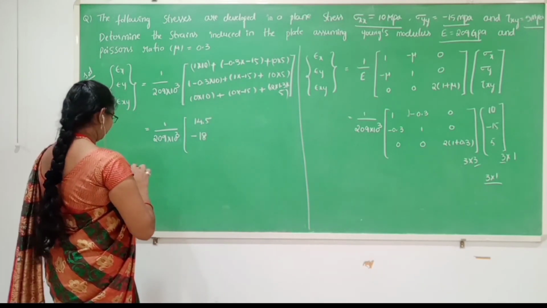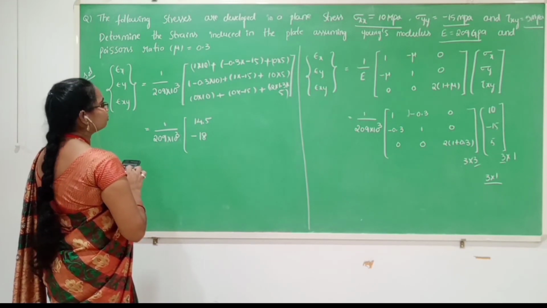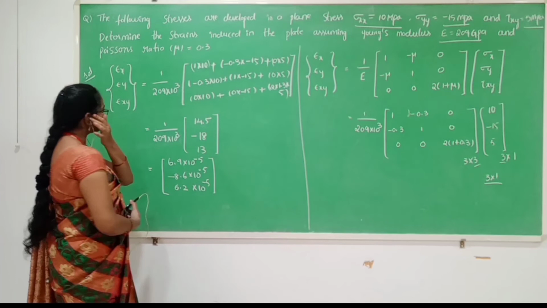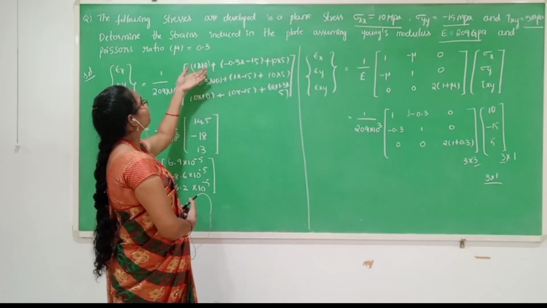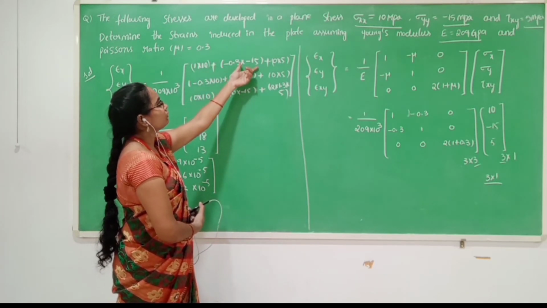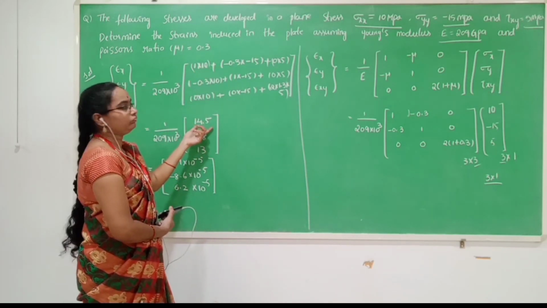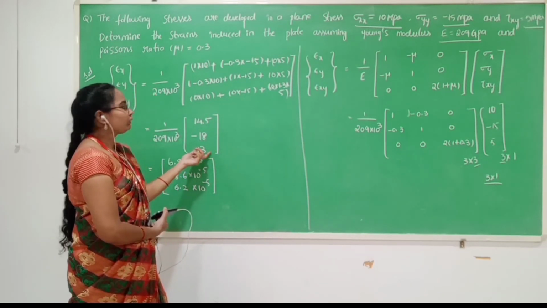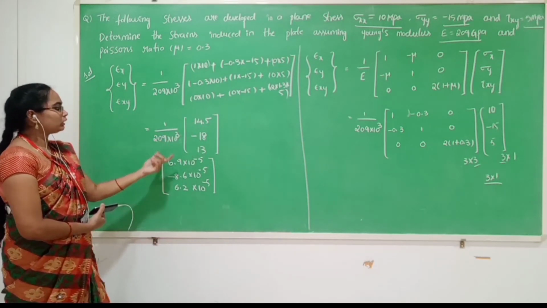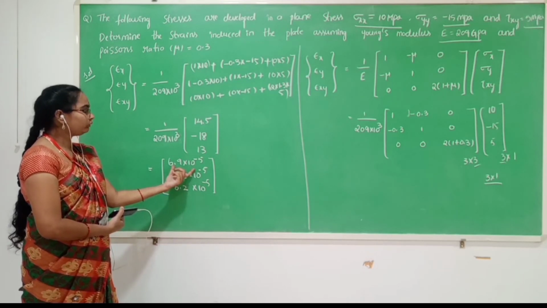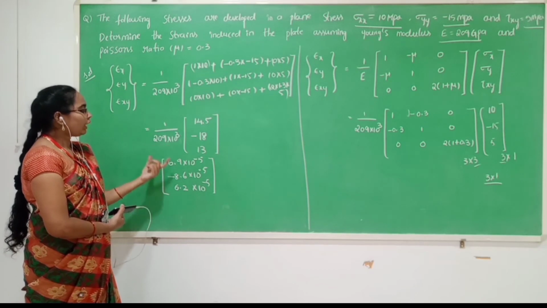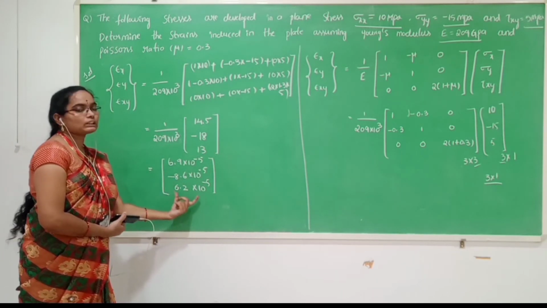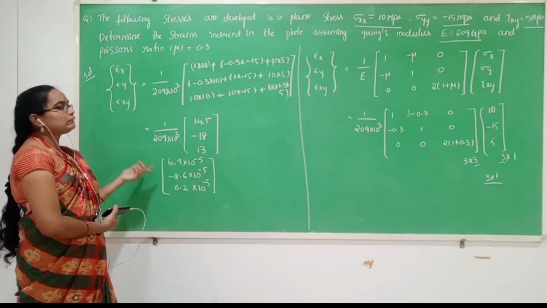The third one is 13. So 14.5 by 209 into 10 cube is 6.9 into 10 power of minus 5, minus 18 by 209 into 10 cube is minus 8.6 into 10 power of minus 5, and 13 by 209 into 10 cube is 6.2 into 10 power of minus 5. These are the strain values we obtained.